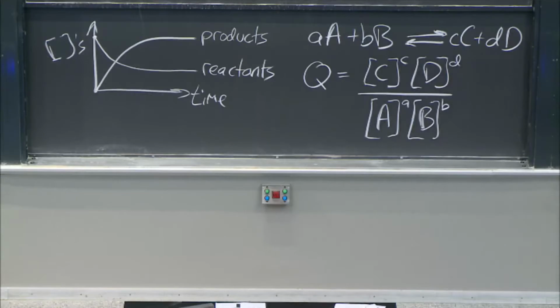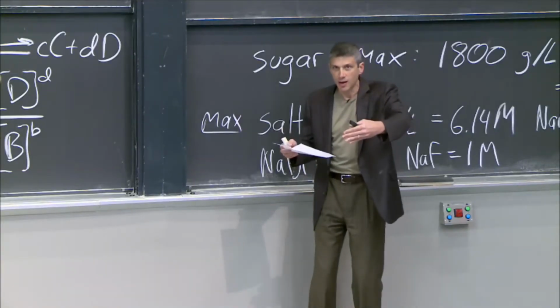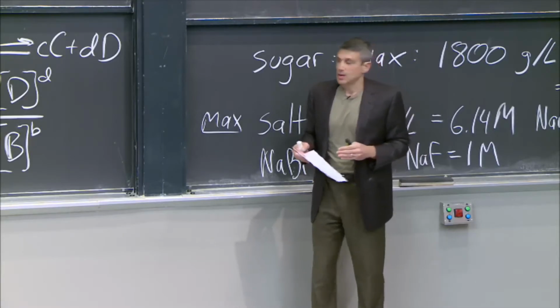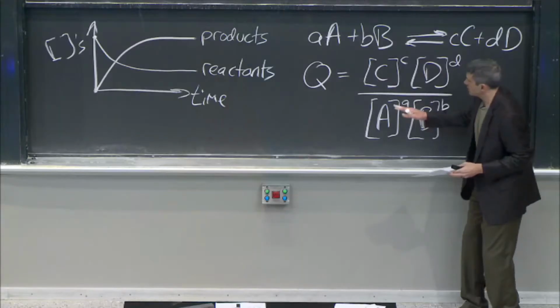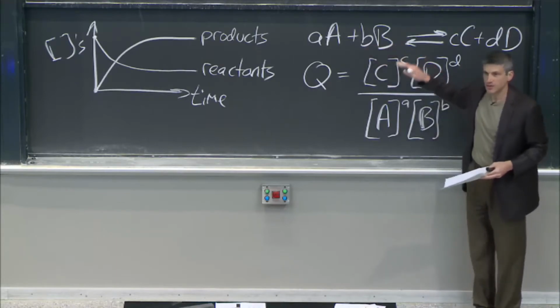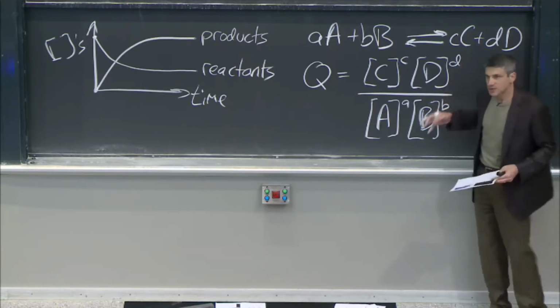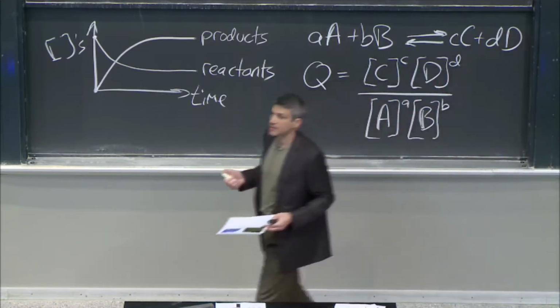Remember, the exponents of the rate law come from experimental measurements. The reaction quotient comes from the stoichiometric coefficients. Why? These exponents have to do literally with probabilities of reacting.